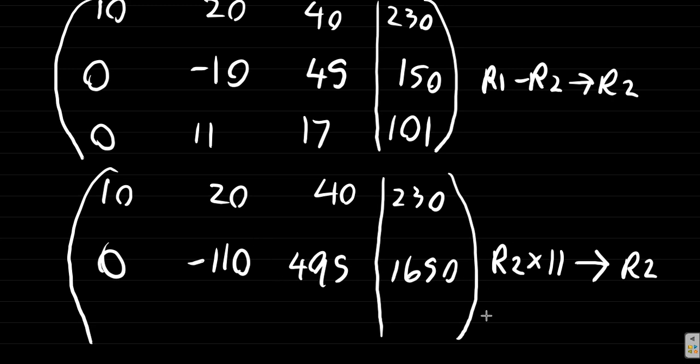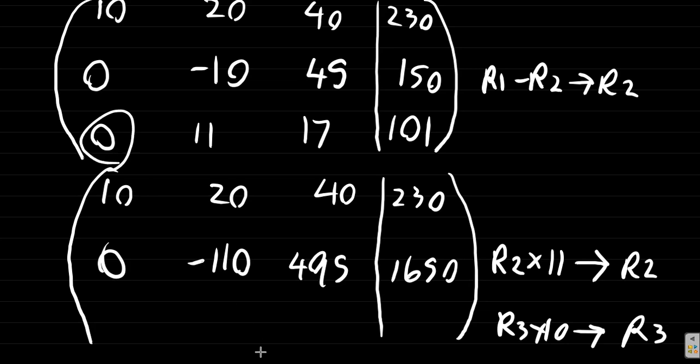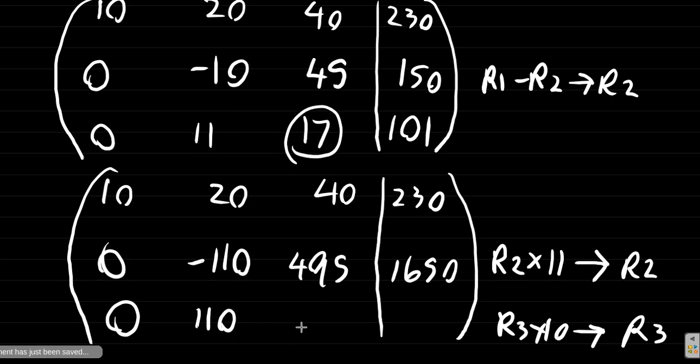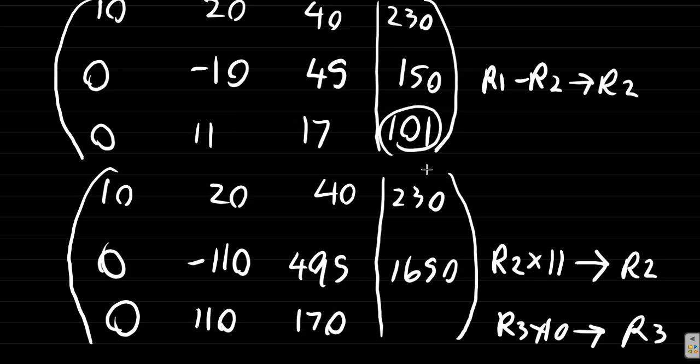So let's multiply by 10. Row 3 times 10 will lead to our new row 3. So 10 0 is 0. 10 by 11 is 110. 10 times 17 is 170. 10 times 101 is 1010. Alright.